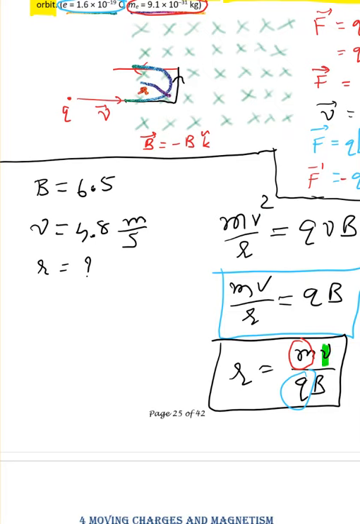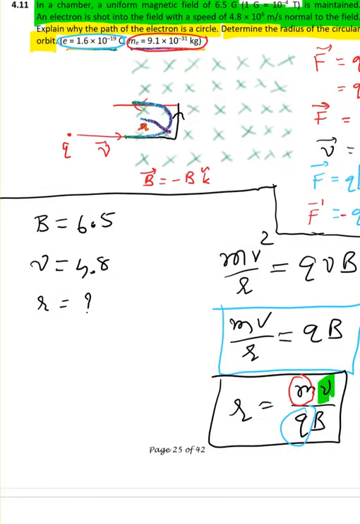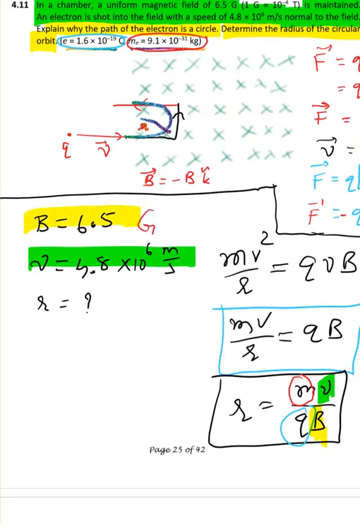Speed of the electron is 4.8 into 10 raised to 6 meter per second. So speed is also available. And lastly, the magnetic field is 6.5, but be careful, it is Gauss. So convert it into Tesla and then use it. So that is how you should be able to find out the radius of the circular path.